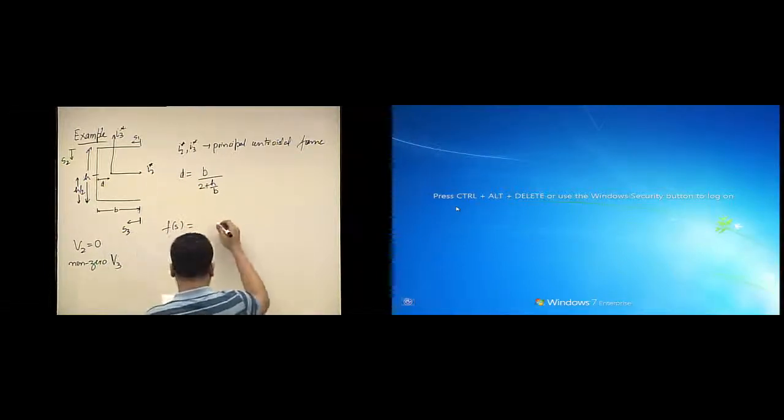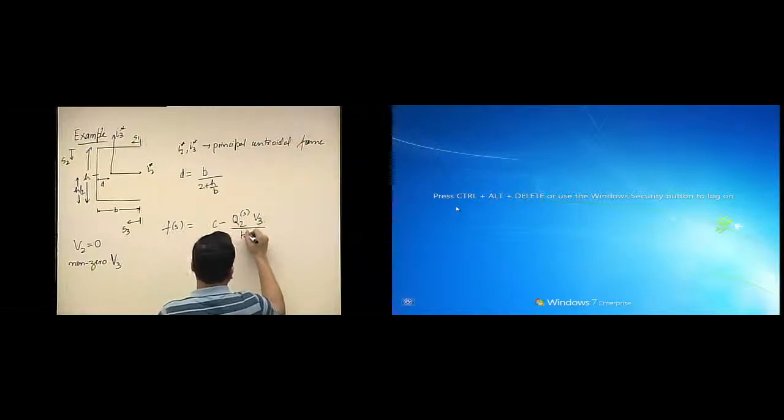Okay, so now I have to evaluate the shear flows. The shear flow is written as C minus Q2 of S V3 over H22, right?